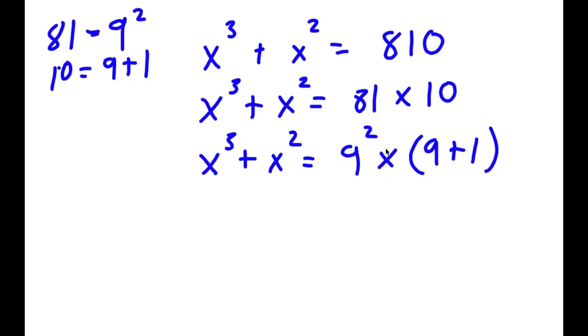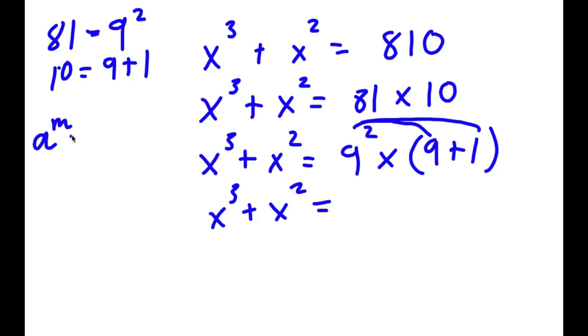Now I'm going to distribute the 9 squared and multiply it with 9 plus 1. So now I have x to the power of 3 plus x squared is equal to 9 squared times 9. Well, if I have something in the form a to the power of m times a to the power of n, this is equal to a to the power of m plus n.